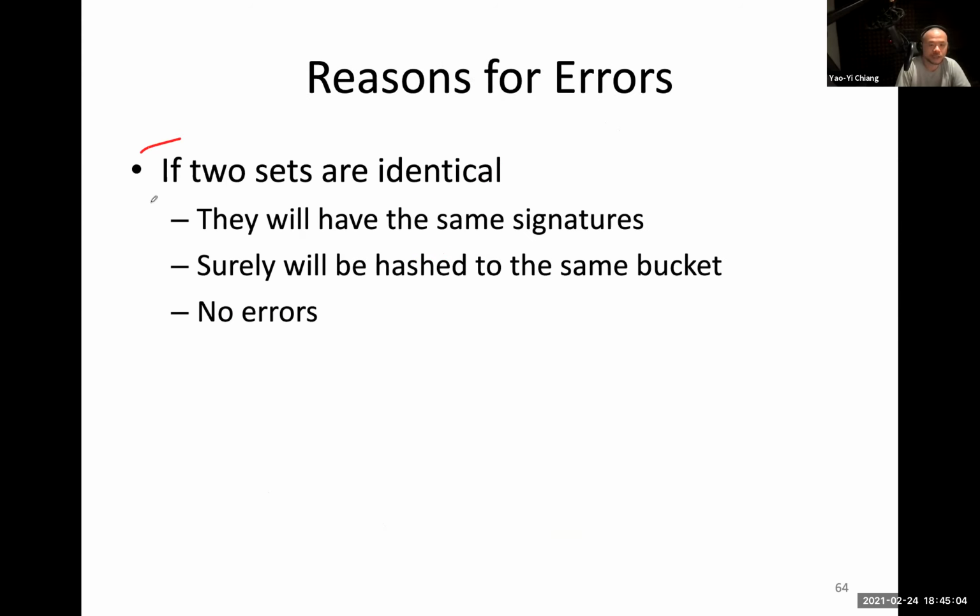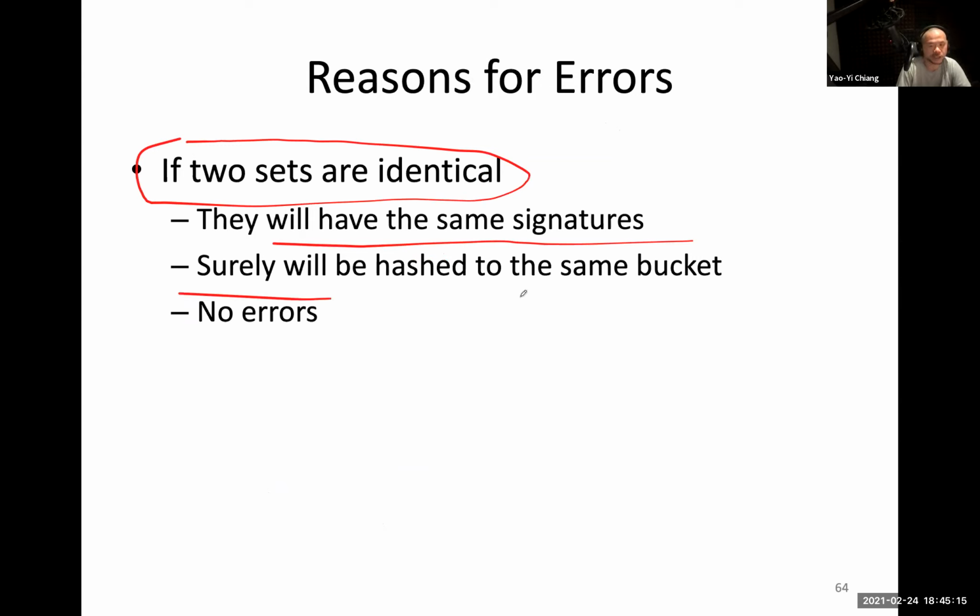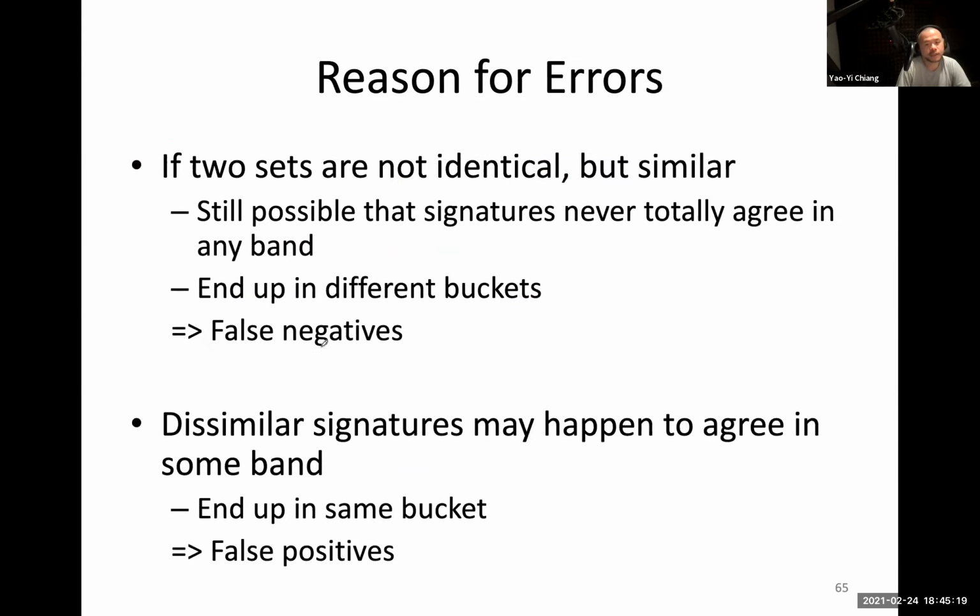If two sets are identical, two documents are identical, they will have the same signature. So no matter how many buckets you have, what your B and R are, they will for sure be hashed into the same buckets, so there's no error. But in many cases, we don't just care about identical documents, we want to be able to find similar documents, right? And we define similarity, say 80%.